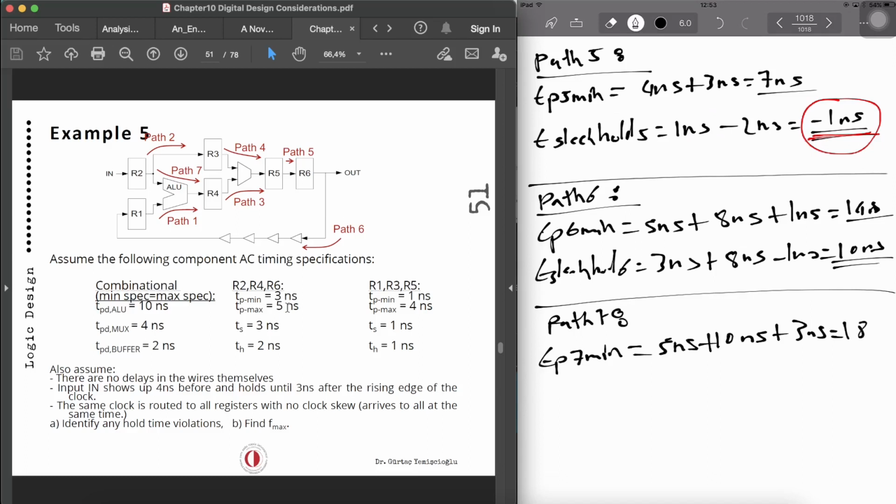That will be 18 nanoseconds. Then T slack hold 7. TP min of R2, 3 nanoseconds, then 10 nanoseconds for the ALU, minus the hold time of R4, which is 2 nanoseconds. This will be 11 nanoseconds.